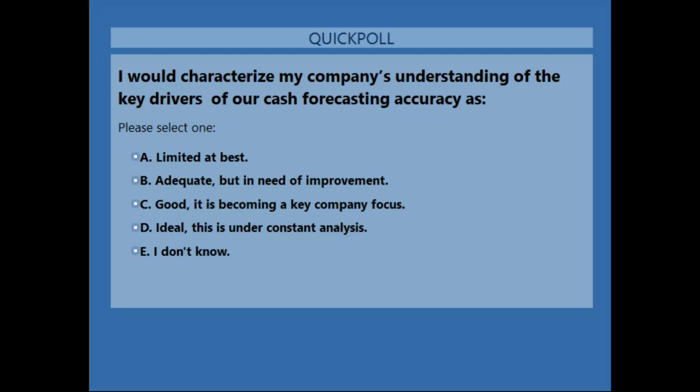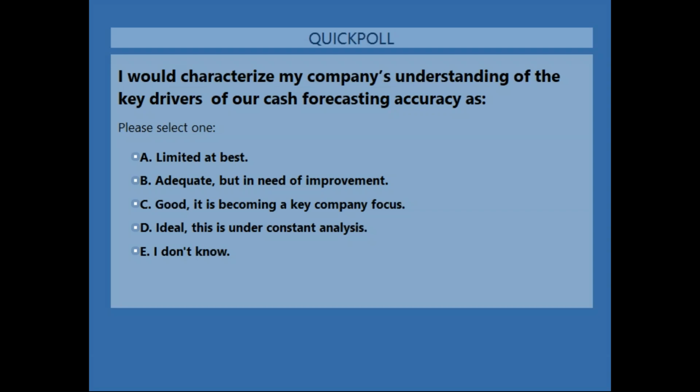So let's go ahead and ask our next polling question, which also is a pillar of cash forecasting success, asking you to share how you would characterize your company's understanding of the key drivers of your cash forecasting accuracy. Obviously, it's going to be related to the visibility that you have. So a lot of different choices. Limited might be adequate, but you need to get better. It's good, it's becoming a key company focus. Or D, it's ideal, which I'm hoping a lot of you are there or get there.